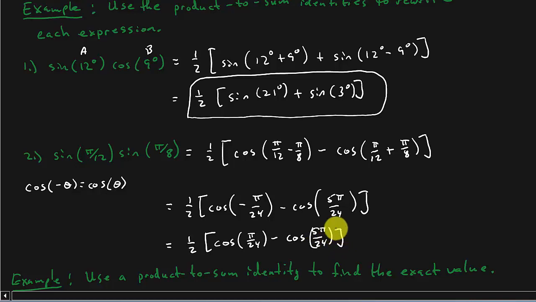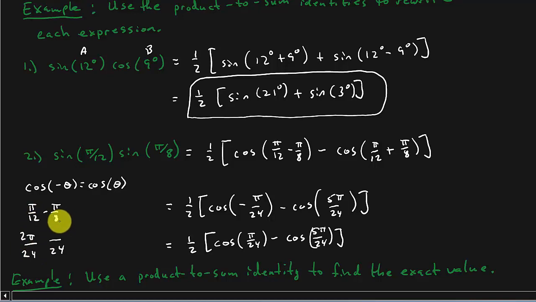And there's your answer. Now, your question might be, how did you get negative pi over 24 and 5 pi over 24? Well, remember, we're doing pi over 12 minus pi over 8. So we're going to get a common denominator of 24. What do we multiply to the 12 to get 24? 2. So we got to multiply 2 to the numerator.